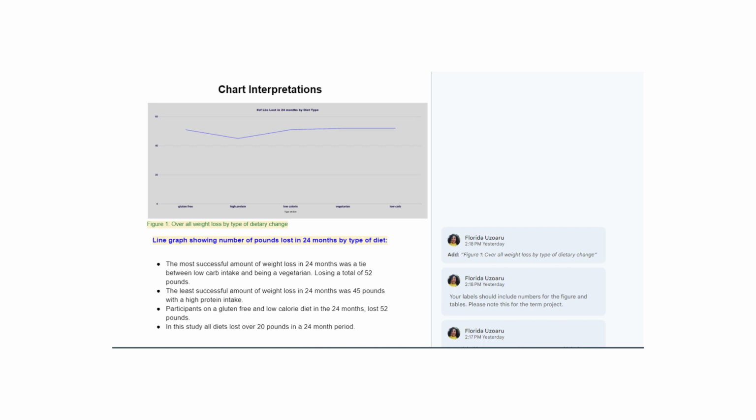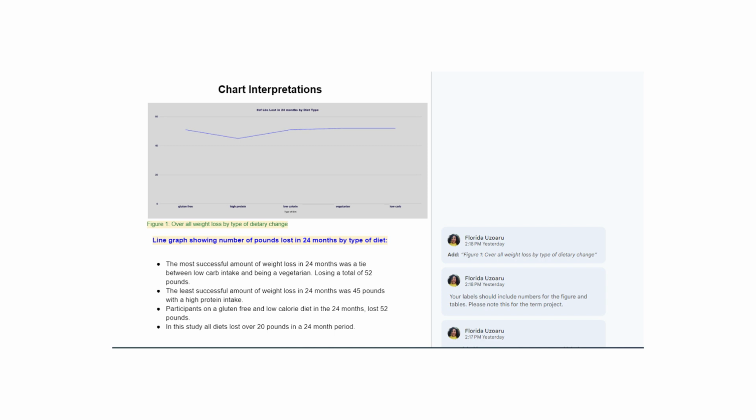If you haven't labeled your chart or your table appropriately, you will not be able to refer to it in such a way that someone will be able to go back to your chart and have a look at what your chart is saying and try to make sense of what your interpretation is or what your result is. So that is one of the reasons why it's important to appropriately label your charts and your tables.